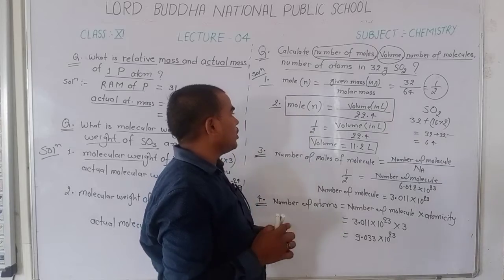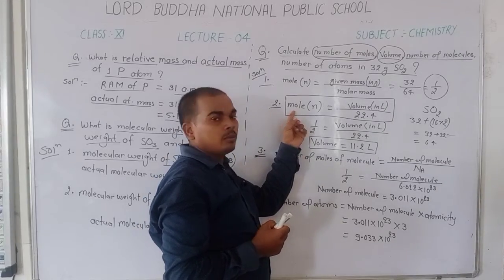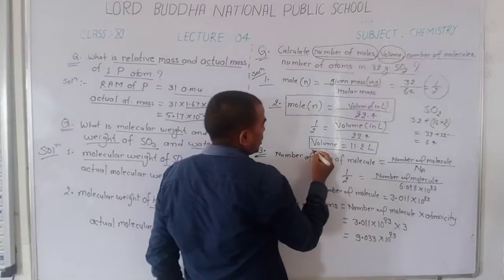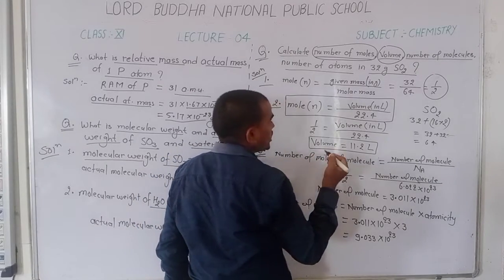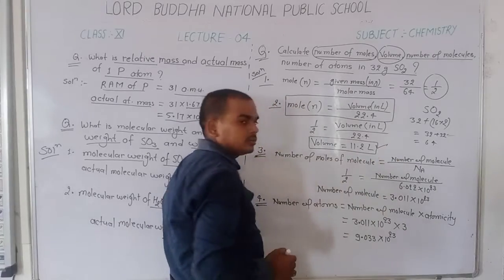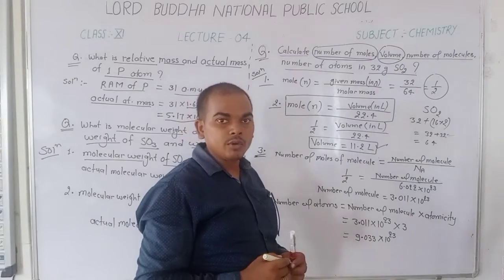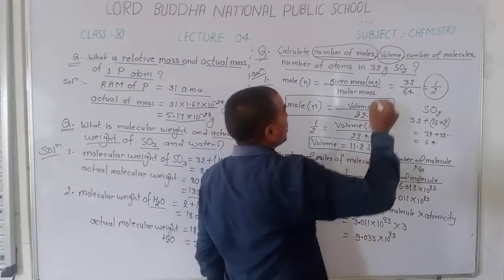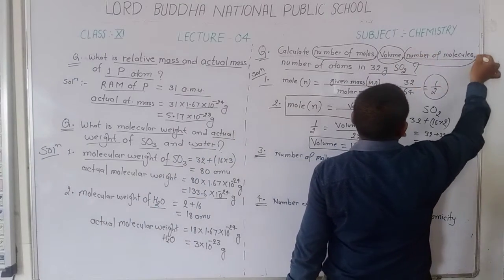So put the value 1 by 2 in place of mole. Then we find the volume of 32 gram SO2 is 11.2 liter. Do you understand?